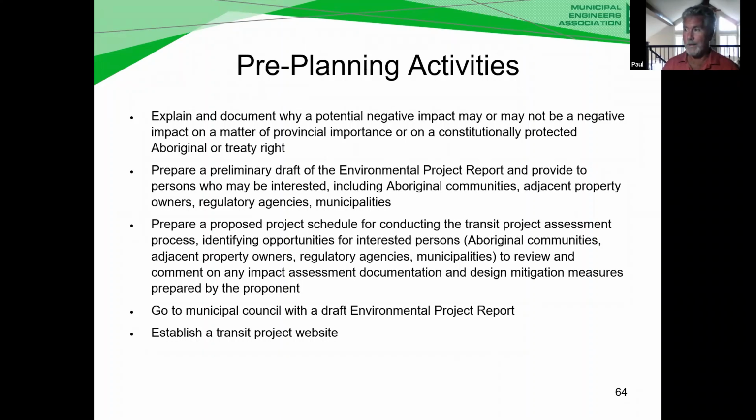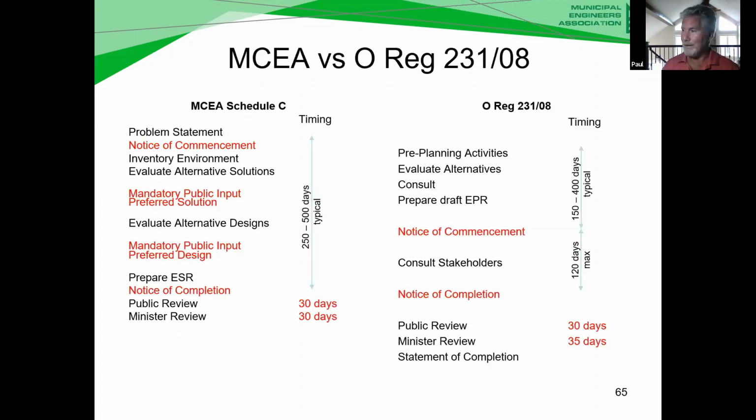So this idea that it's a fixed time frame, it's a fixed time frame after you've done all the work, which generally takes all the time. So when I compare the two, when I look here you can see the Class C Schedule C process, you get the notice of commencement, and you have your mandatory public input, and then your notice of completion, and then you have your two 30-day periods.